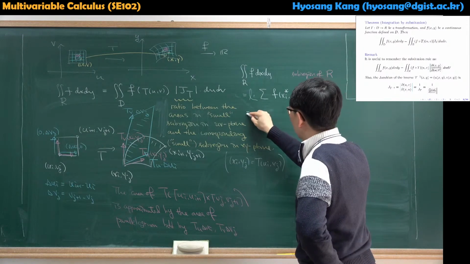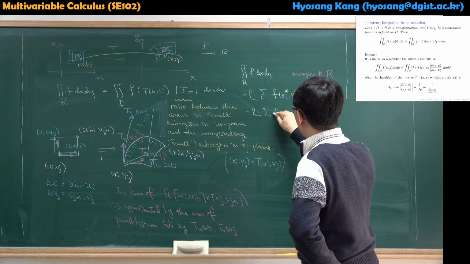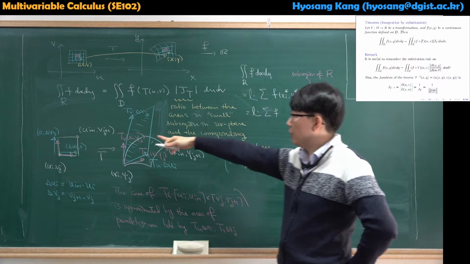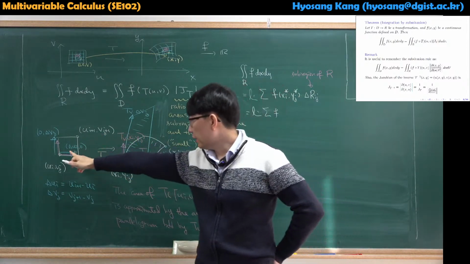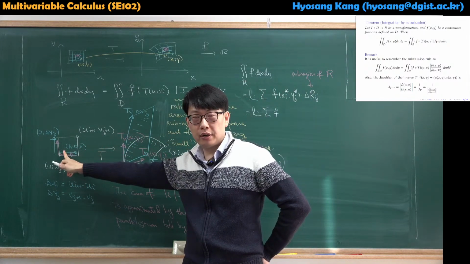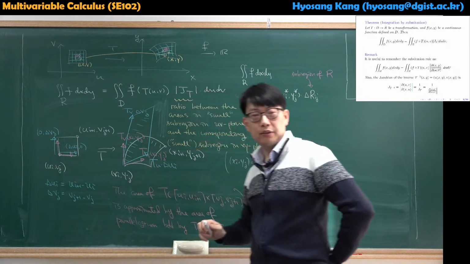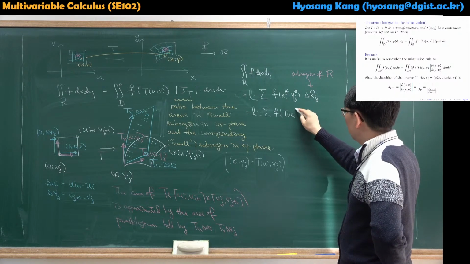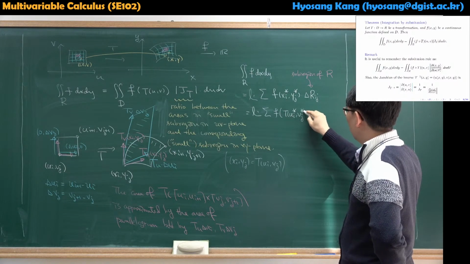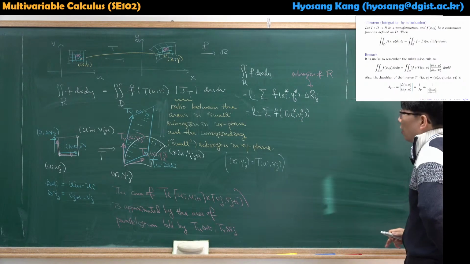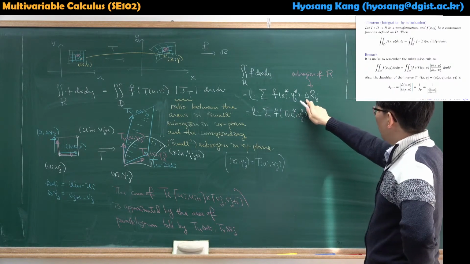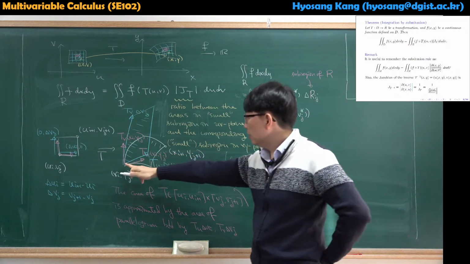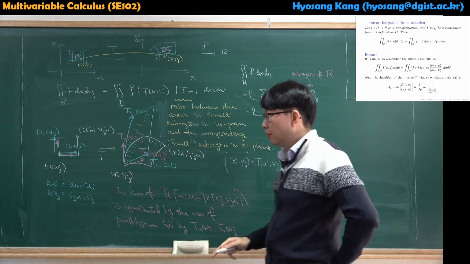And then, instead of taking xi star and yj star, because the transformation T is one-to-one, I have exactly one corresponding ui star and vj star to xi star and yj star. So I'm going to take T of ui star and vj star instead. And then the area of delta rij can be replaced with the area of this parallelogram, right?